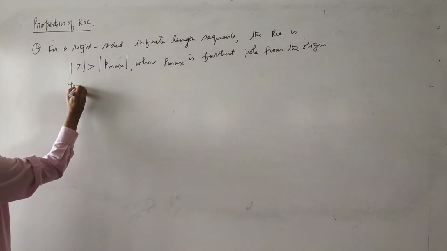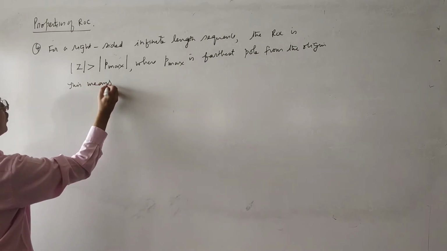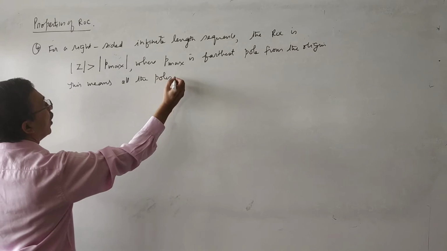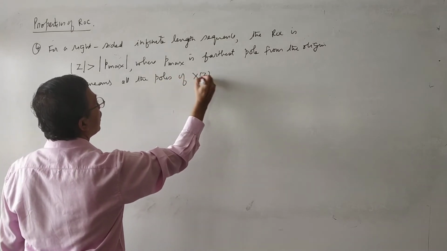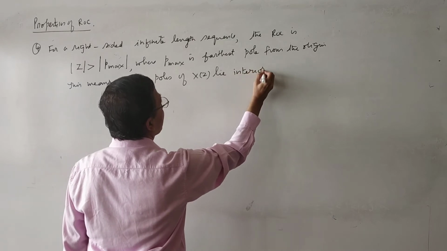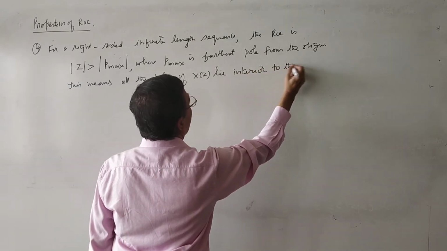This means all the poles of x of z lie interior to the ROC.